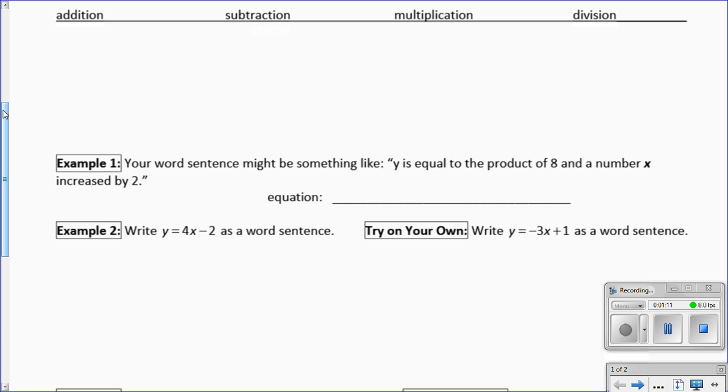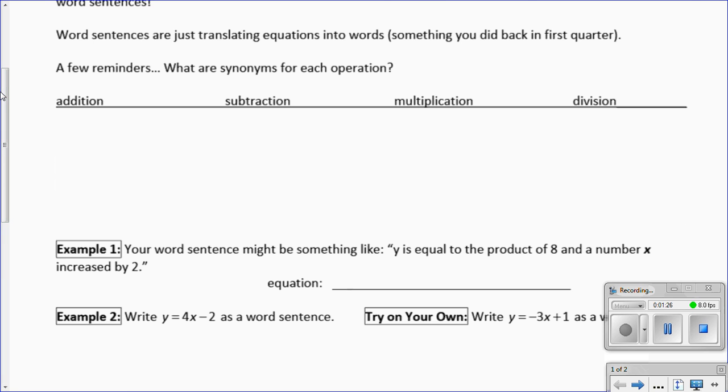An easier thing is going from words to math because there's only one operation that'll match that word that was used. And that is typically the kind of questions you'll see more often than trying to generate your own words. Okay? But we're going to practice it both ways.